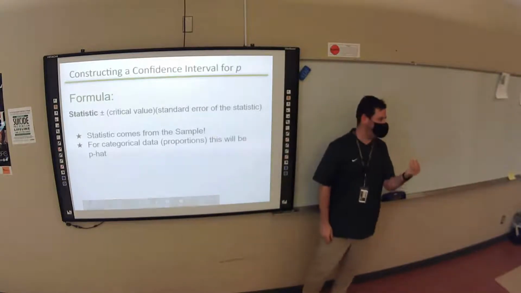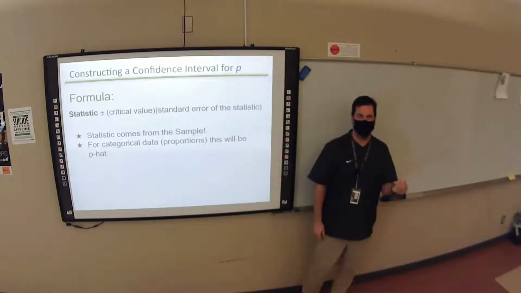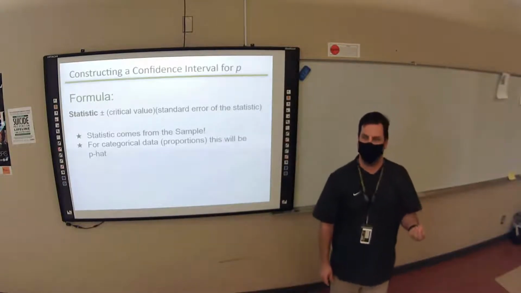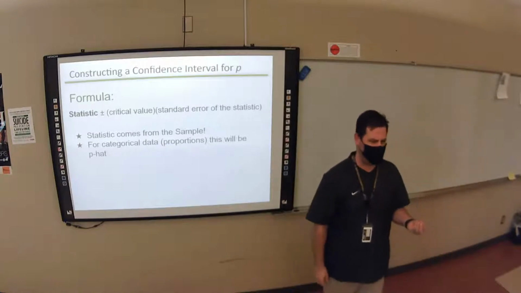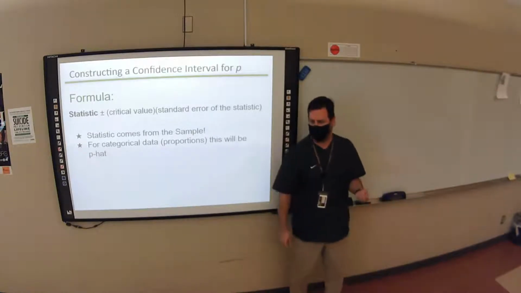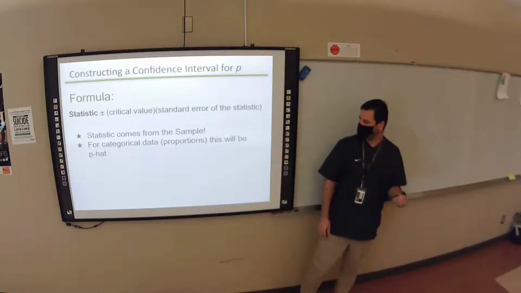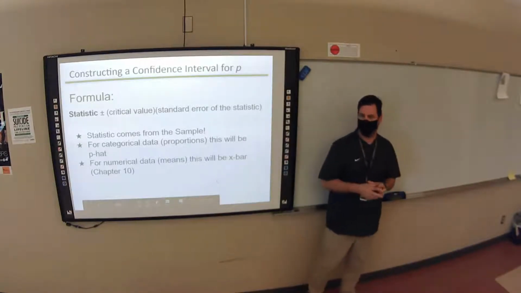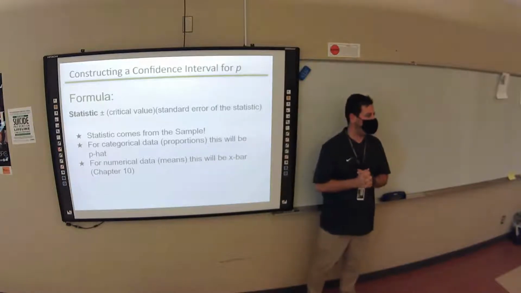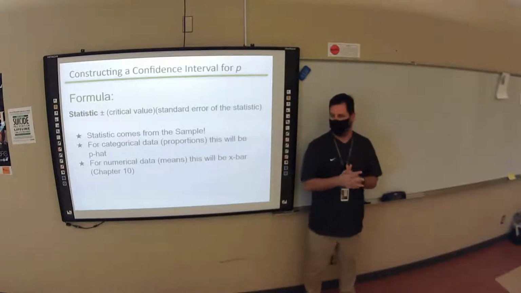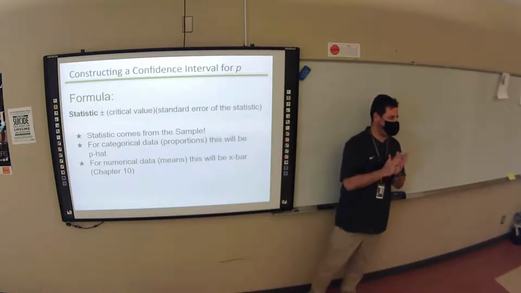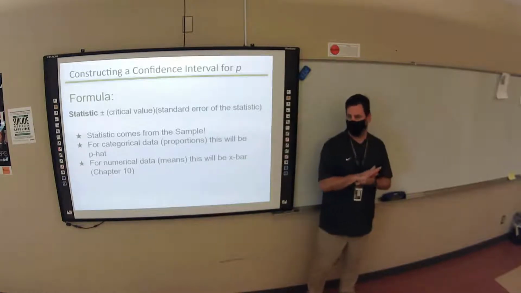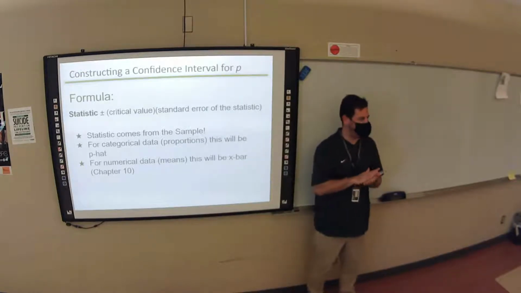I think in 8.1 they called it a point estimate or something like that. If it happens to be numerical data, then that statistic will be x bar. You will not see x bars or means until chapter 10. We're in chapter 8, so chapter 10 is when you will see that.